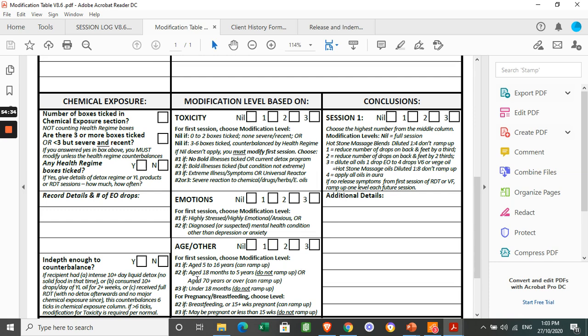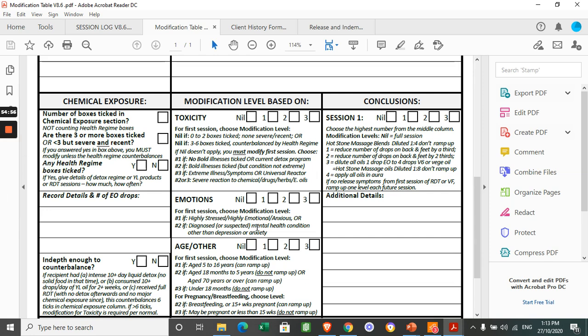Or if they're aged 70 years or over, you're going to do a number 2 level on them, but you can ramp up if they've had no major detox afterwards. The reason that we consider this for our older clients is because they've had years to accumulate.